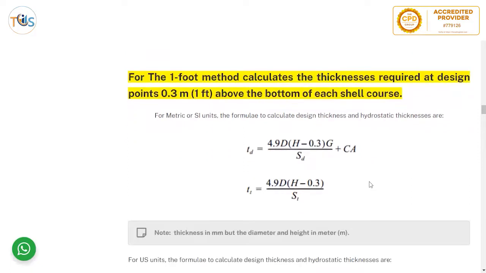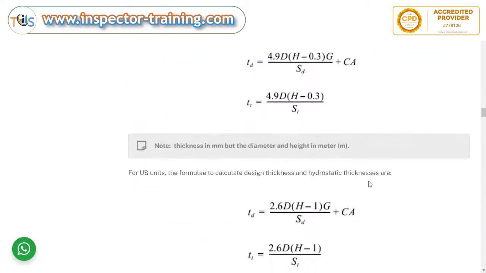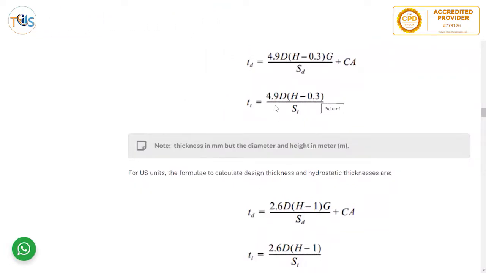For metric or SI units, the formulas to calculate design thickness and hydrostatic thickness are TD and TT, where D is for design thickness and T is for test or hydrostatic test thickness. Different formulas here. As you can see, there is no corrosion allowance for hydrostatic test. Note, thickness is in millimeters, but the diameter and height are in meters.